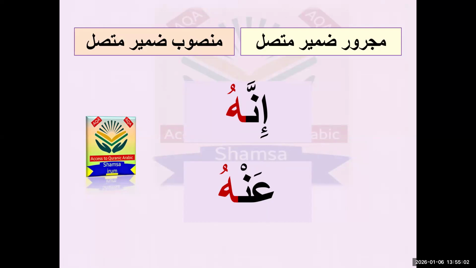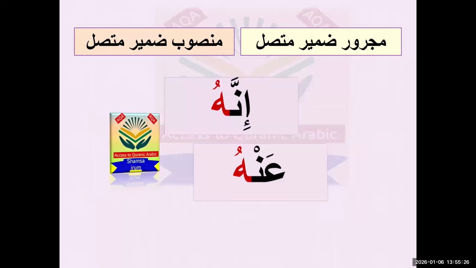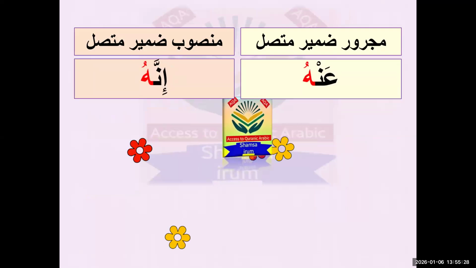Remember, when I said that hu damir can be used as mansoob and as majroor, very soon you will be able to know within seconds which one is majroor and which one is mansoob. So I hope you judge it now. Let's move towards the correct place.